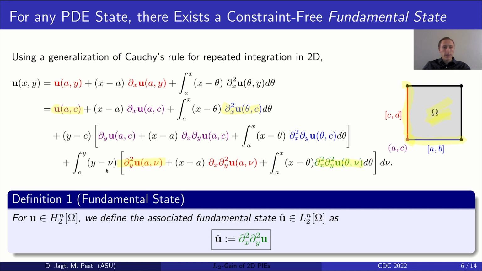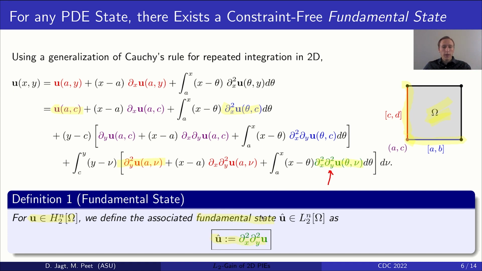Now we note that since our state u here is only second order differentiable with respect to each spatial variable, we cannot decompose this state any further, and in fact this state will be free of any boundary conditions and continuity constraints imposed upon our PDE state. So we will refer to this state as our fundamental state.